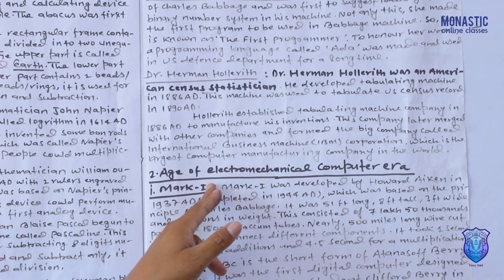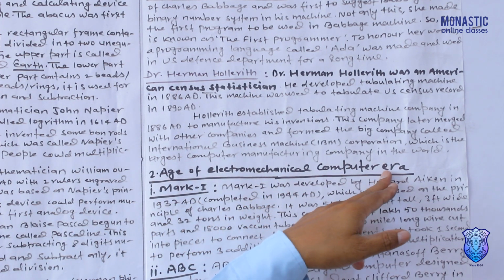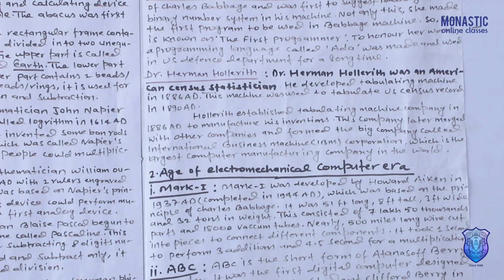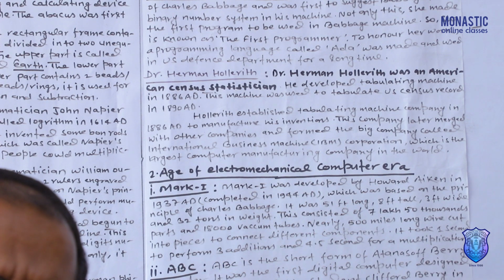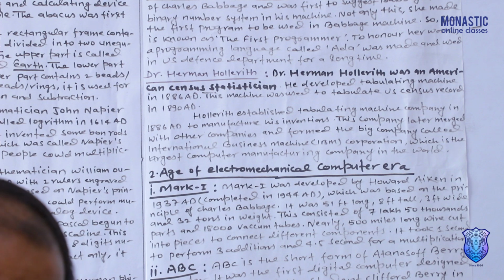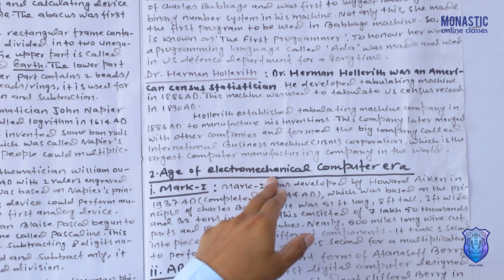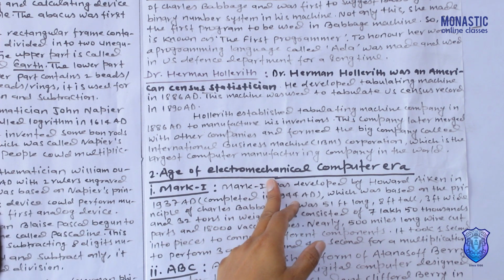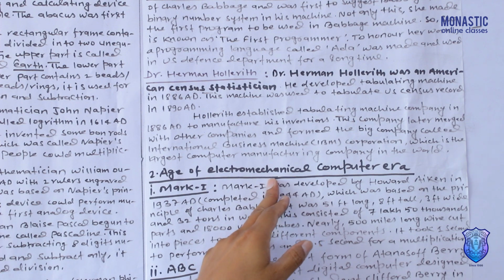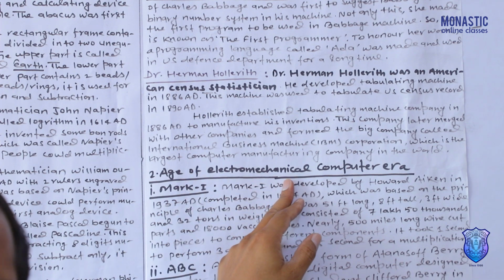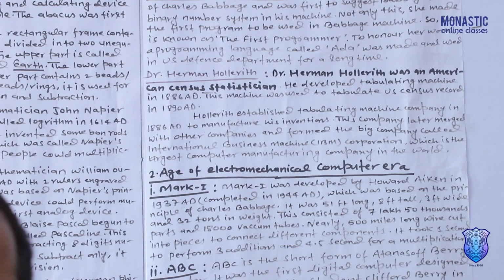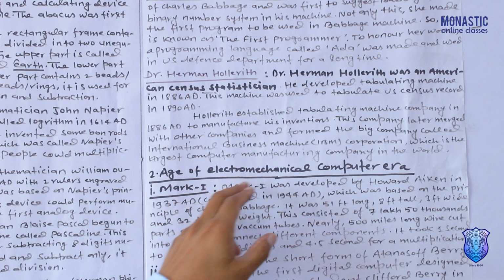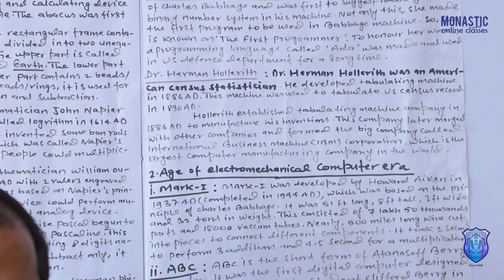Next one is the age of the electromechanical computer era. First, let me discuss what the electromechanical computer era is. Actually, the era in which electromechanical technologies were used to develop different electromechanical devices, to develop different electromechanical computers, is known as the electromechanical computer era.